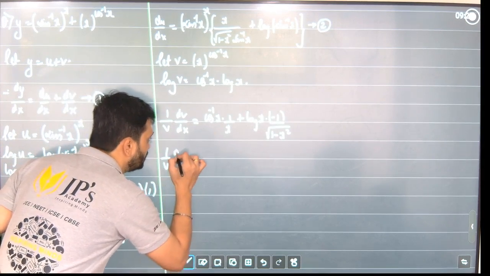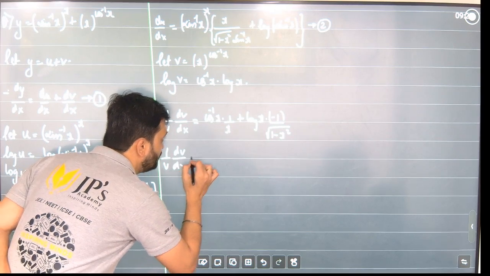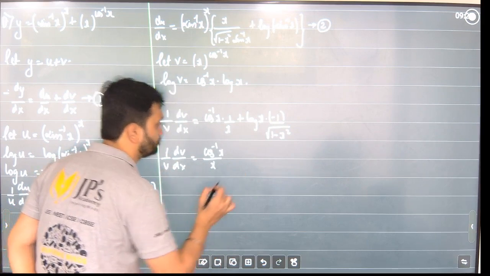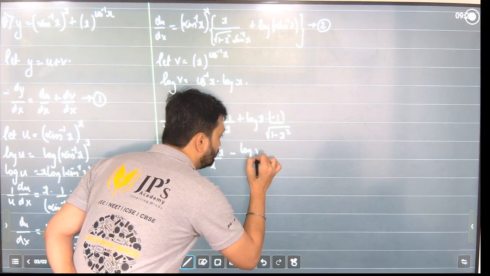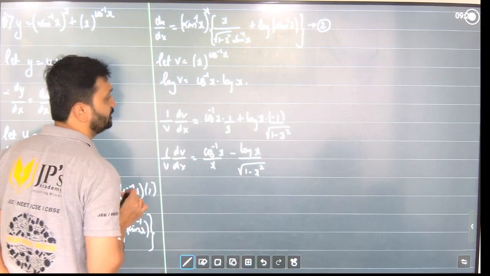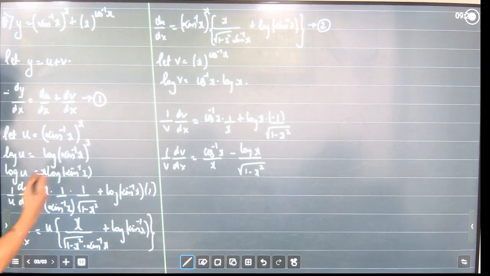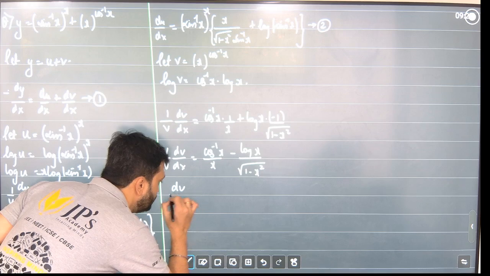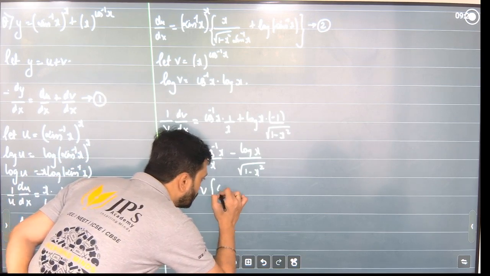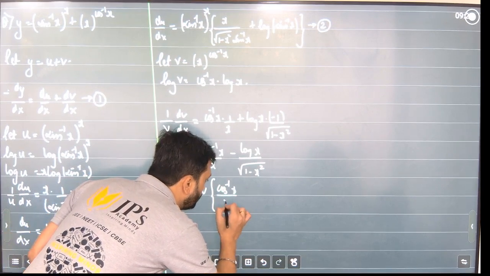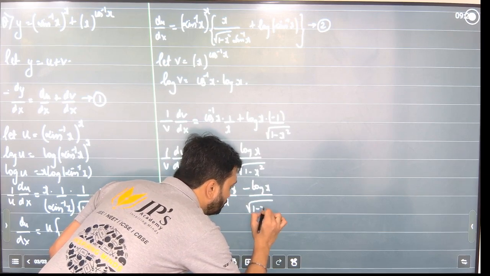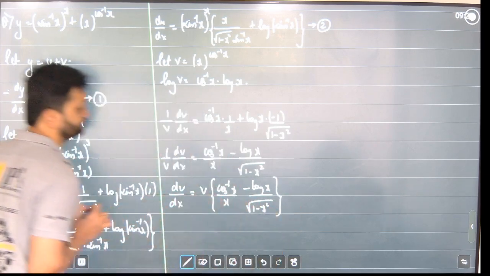So 1 upon v dv by dx is equal to cos inverse x upon x minus log x upon under root of 1 minus x square. Now I'll take v on that side, so dv by dx will become v into cos inverse x upon x minus log x upon root of 1 minus x square.